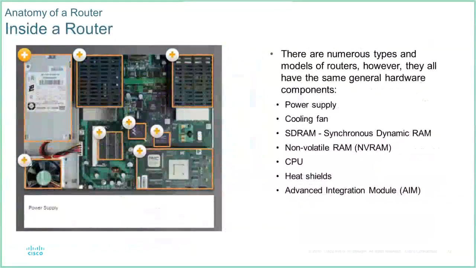So looking inside the case of a router, just like a PC, you'll have a power supply, some fans, and underneath these heat shields you'll find the interface cards, memory, and the chipsets.